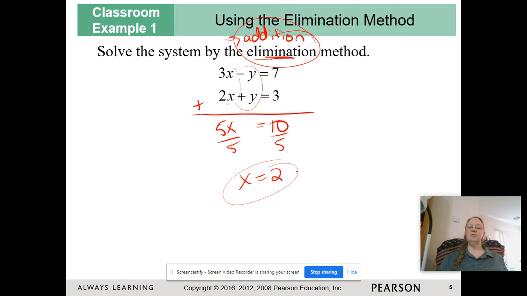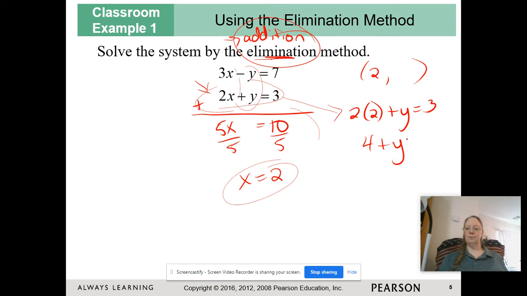Then I need to substitute it into one of the originals, doesn't matter which. I am probably going to use the bottom equation, smaller numbers, and they're all positive. So replace my x. So I'm using this equation right here to find my y value. And I subtract 4, and I get y is equal to negative 1.